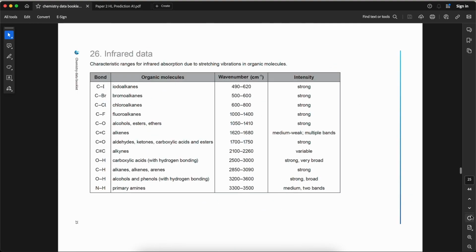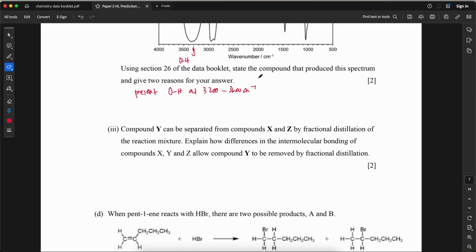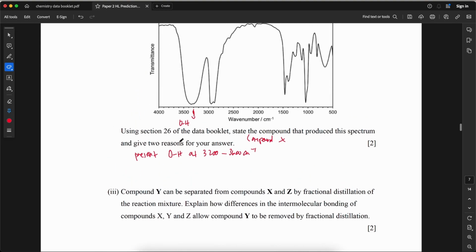For alcohol, 3,200 to 3,600. So it's alcohol, the first one, so it's compound X. There is OH at 3,200 to 3,600 centimeter to the power -1, and there is no C double bond O. That's why the compound is X, because Y is an aldehyde and Z is a carboxylic acid, and they have no OH.